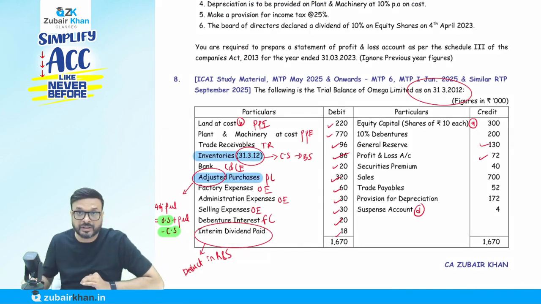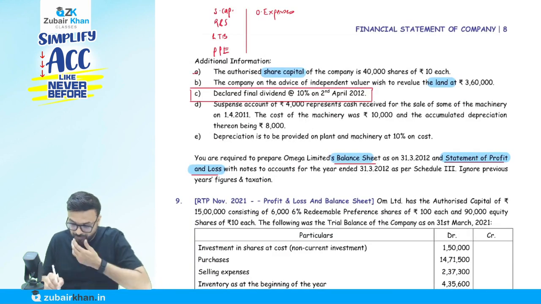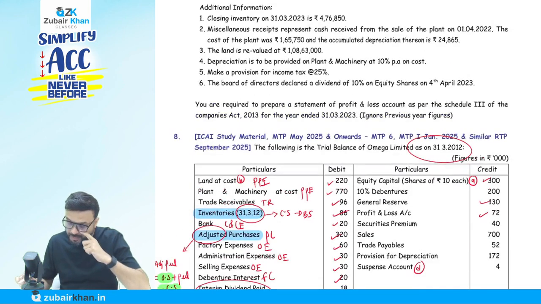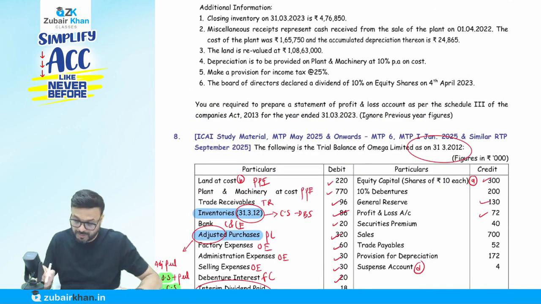Okay. Then we have, it will deduct from reserve. Now equity share capital is 300, but information is given in point number 1 that we have 40,000 shares of rupees 10. That is authorized capital. And the share capital in rupees thousand, that is 300, basically 3 lakhs. It means 30,000 shares of rupees 10 each. So go to share capital, it will come.